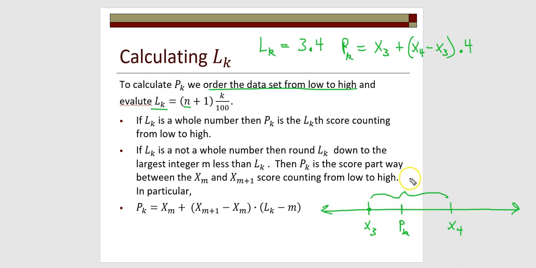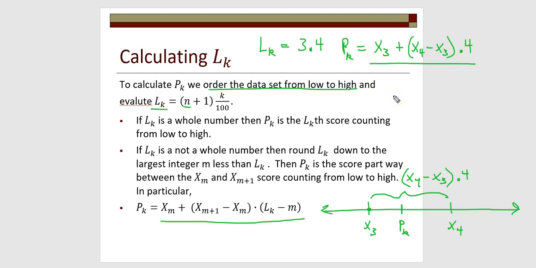And this distance is x4 minus x3. And then we multiply that by 0.4. So that's how we would get 40% of the way between x3 and x4. And that's what we have written down here, just in a general format. But you might find it a little easier just to think of this example.